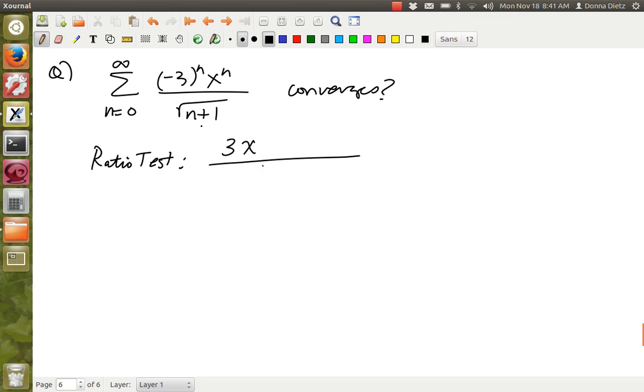And then what? Well, you're going to get square root of, and I'm just going to do this to remind you what's going on. That's going to cancel, that's going to go to 1, and then so we need the 3x to be less than 1, so the center is at 0, radius is 1/3.